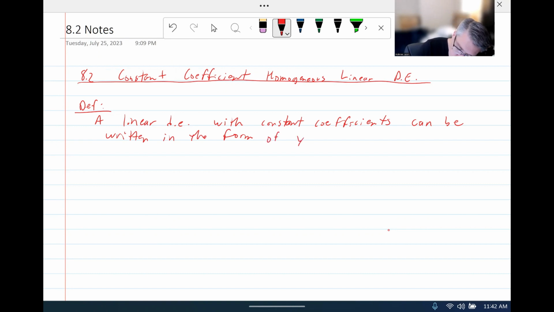of y to the nth derivative plus a1 y to the n minus first derivative plus dot dot dot plus a n minus 1 y prime plus a n y equals f of x.